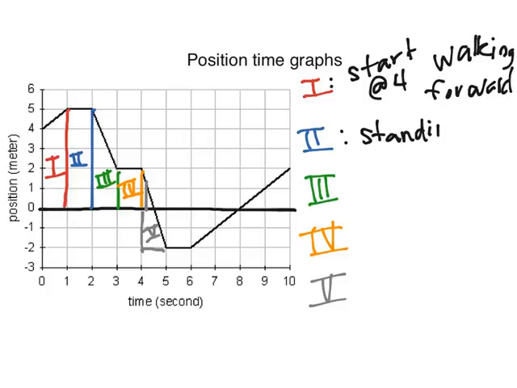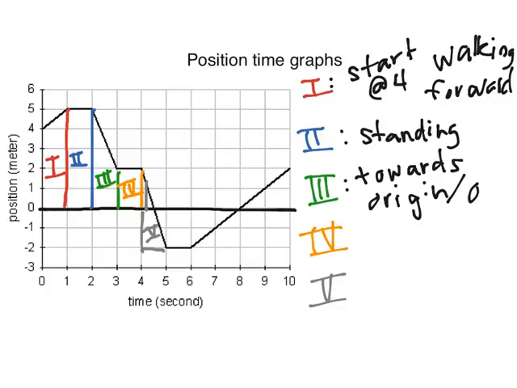No movement there. And then looking at 3, you're actually going towards the origin, or towards 0. So we're walking now to the left, or backwards. We're walking towards the origin, aka 0. At 4, again, we've stopped walking towards the origin, and we are again just standing, not going anywhere.